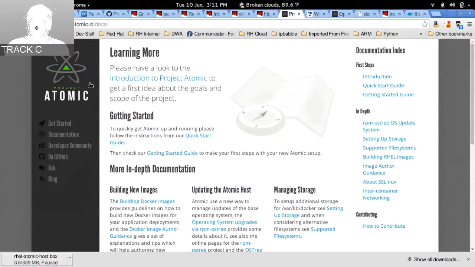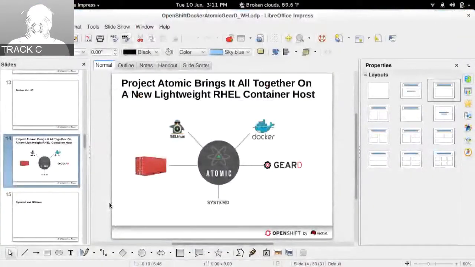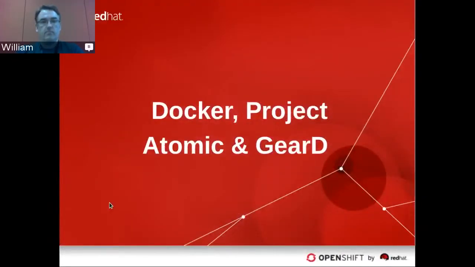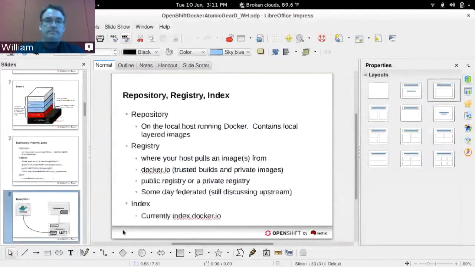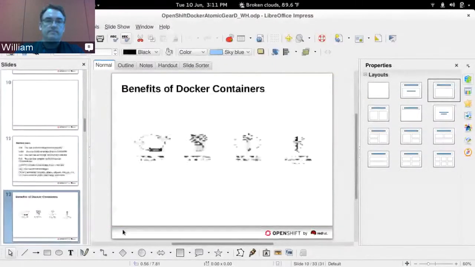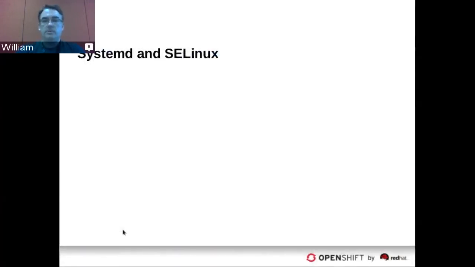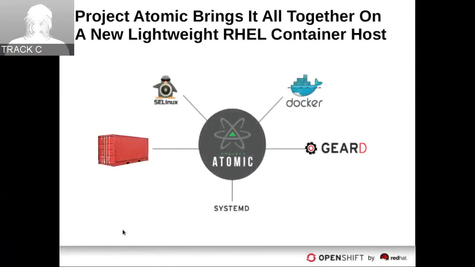Okay, so there's some great information up here on Project Atomic, but what I want to show you is there's two aspects of it. One of them is this idea of the minimal image.